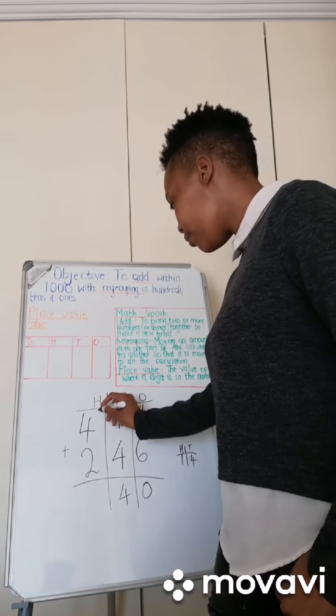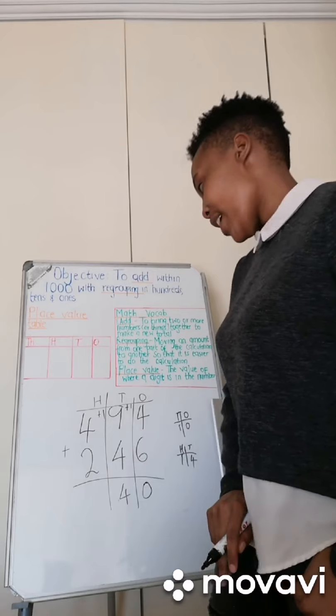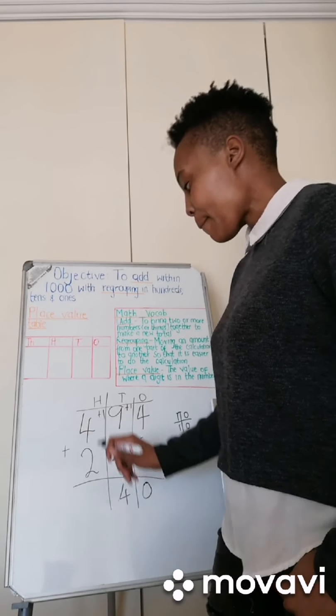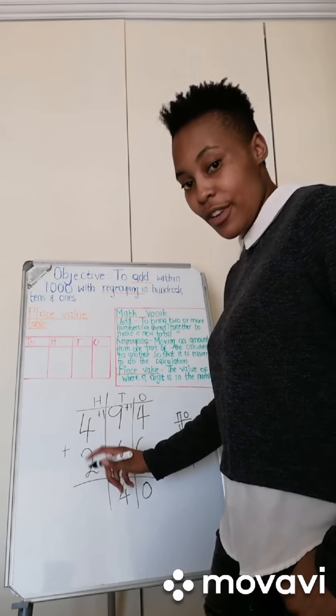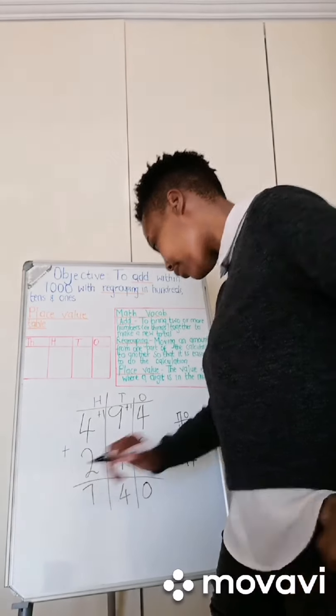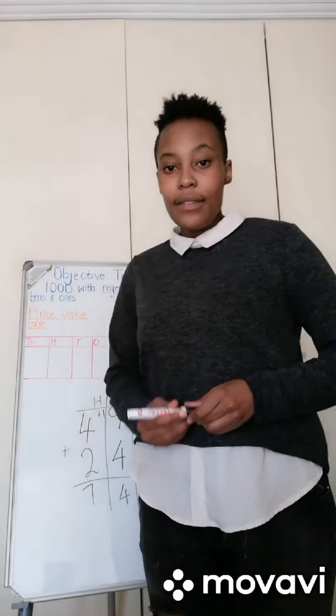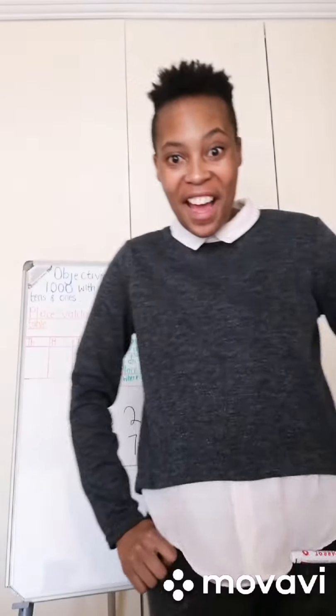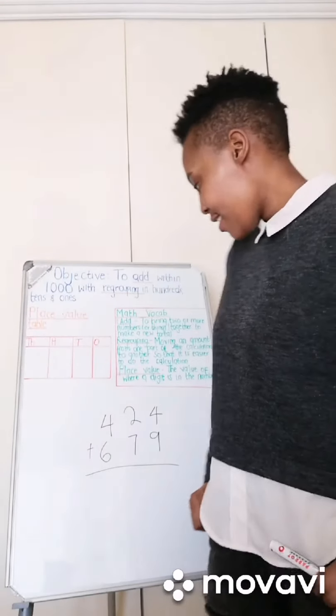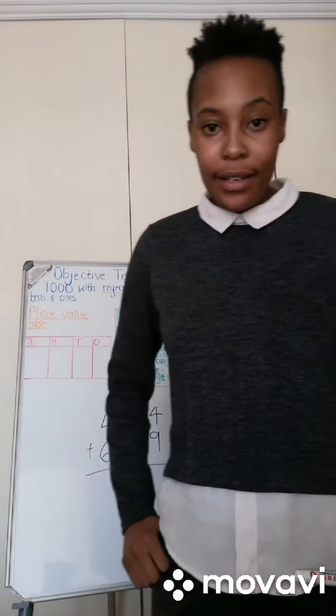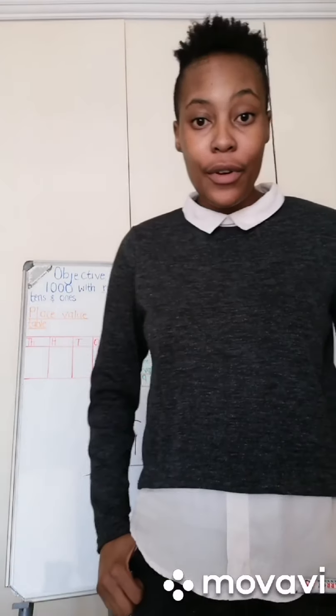Where does the 1 go? To the hundreds. 4 plus 1, that's 5. 5 plus 2, that's 7. Your answer is 740. Third example, okay. We are going to add 424 and 679.